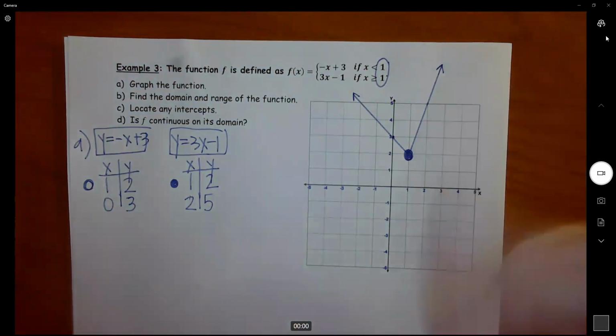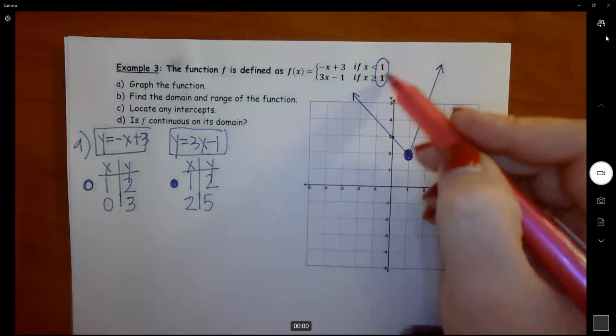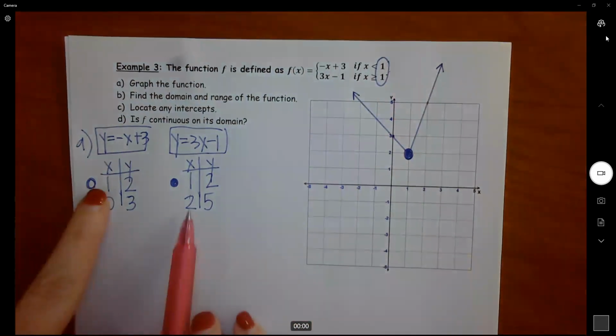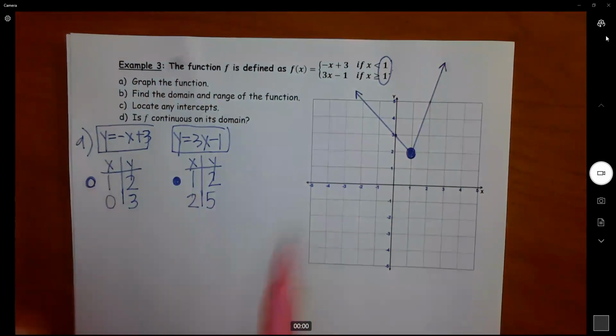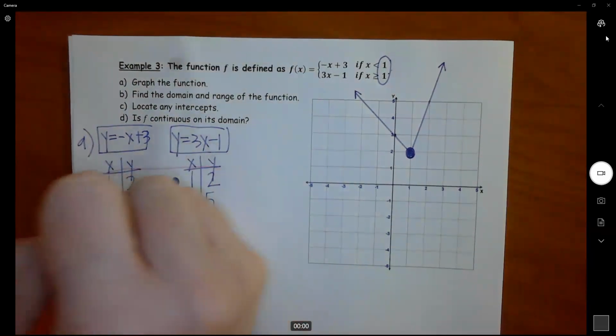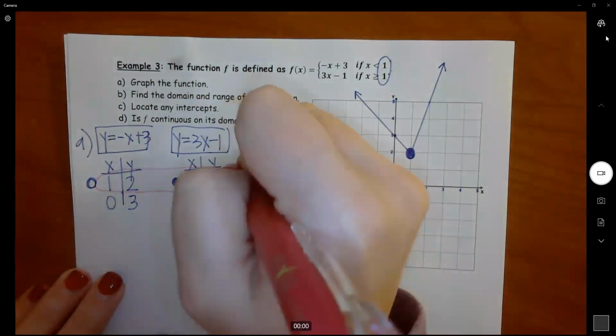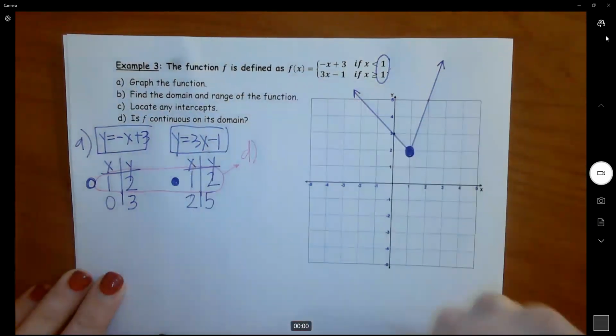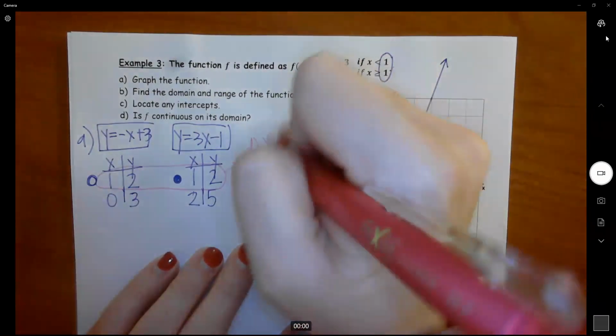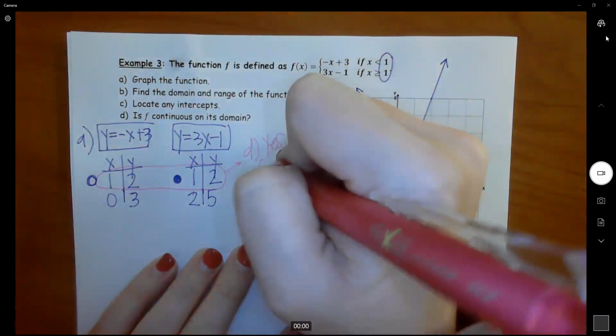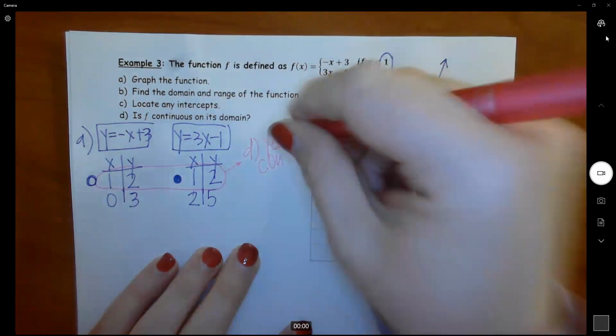If at this critical point here, which in this case is 1, you get the same thing as we do here, I'm going to just jump to part D. That means that yes, this graph is continuous.